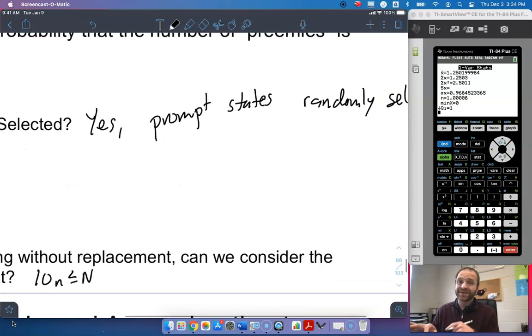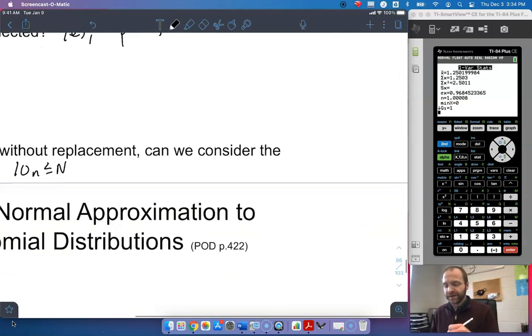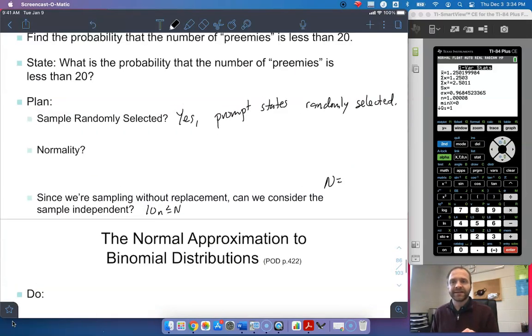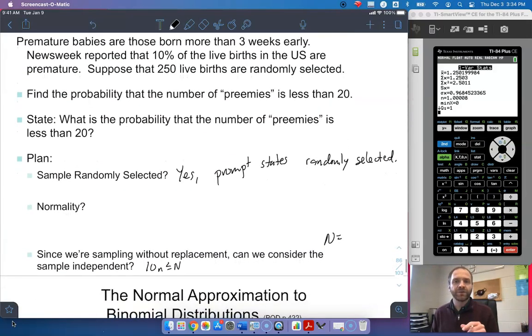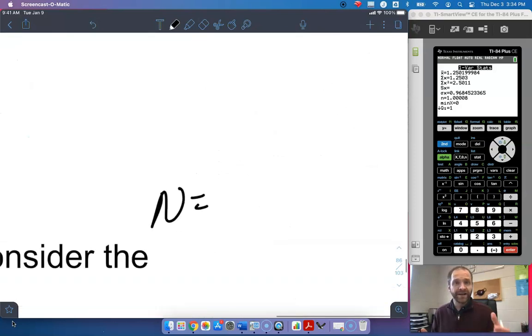Well, look at that. I used a capital N there. I better define capital N. Capital N is my population. If I read the prompt, it says premature babies are those born more than 3 weeks early, and Newsweek reported that 10% of live births in the U.S. are premature.